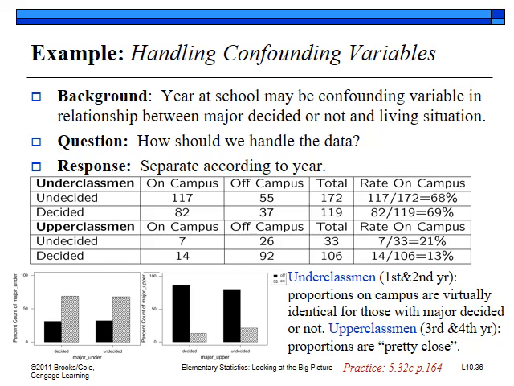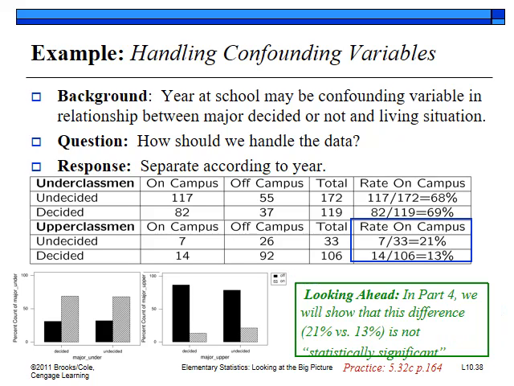For upperclassmen, there's a bit more of a difference, 21% to 13% for on-campus. But are you more or less convinced of a relationship between these variables? Once we get to inference, we will show that this difference, this 8% difference, does not reach the level of what we call statistical significance.